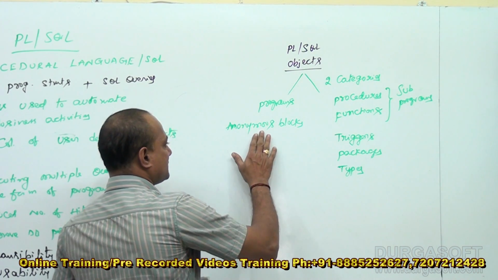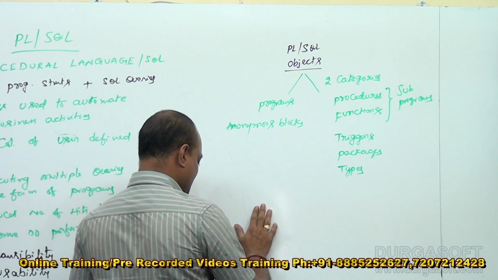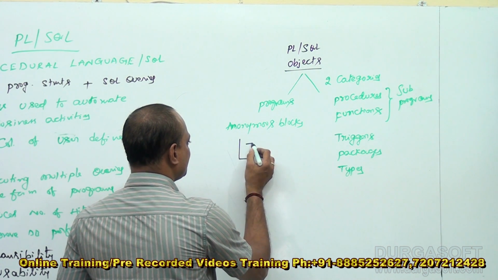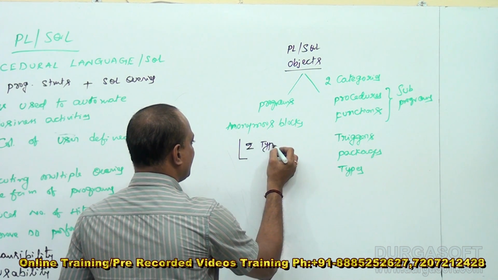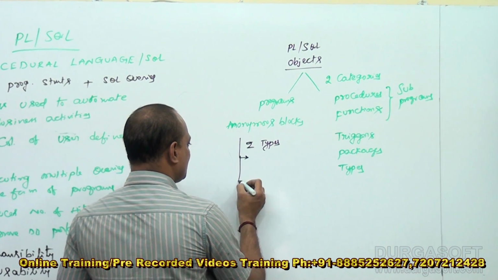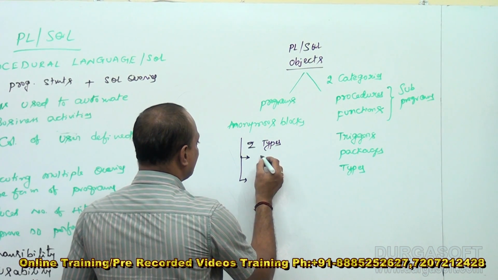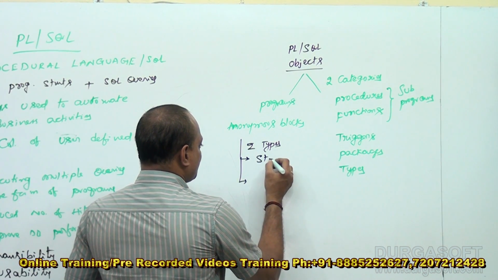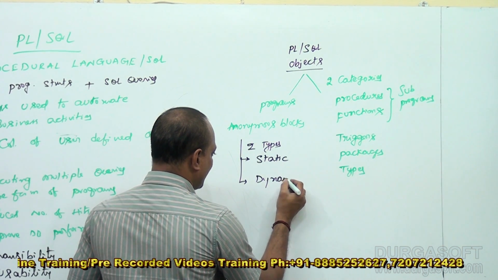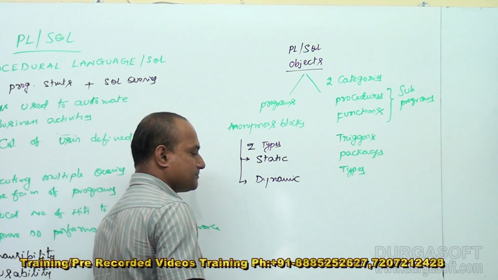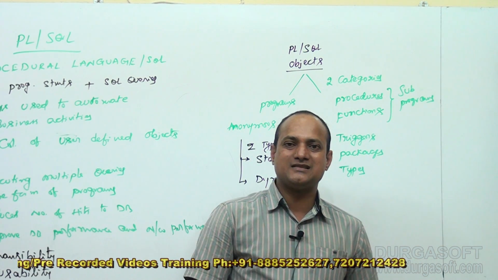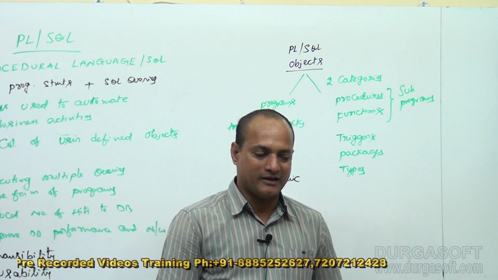Now, first let me discuss programs. Programs are again divided into two types. What is the first one? What is the second one? Static programs and dynamic programs. What is a static program? What is dynamic?